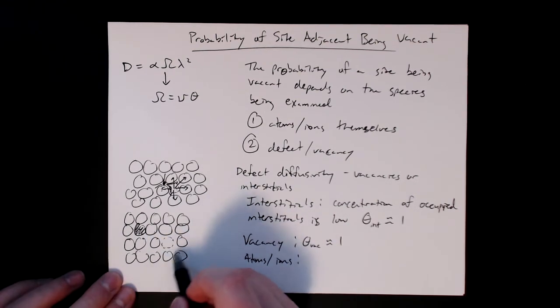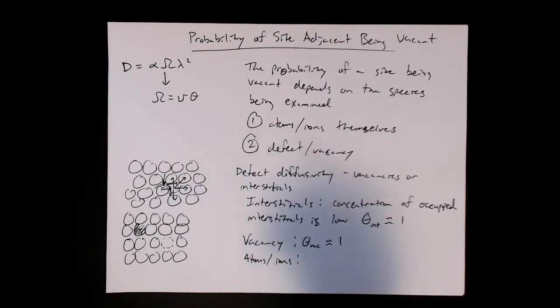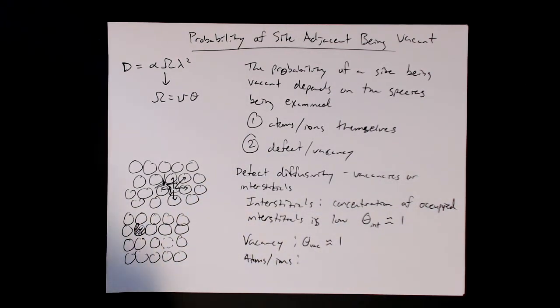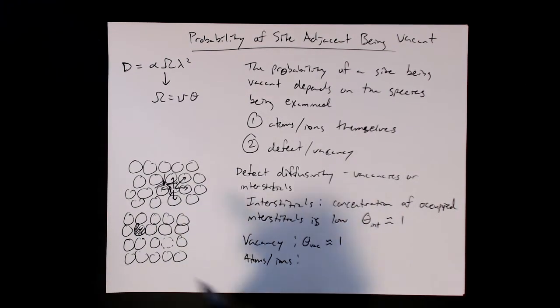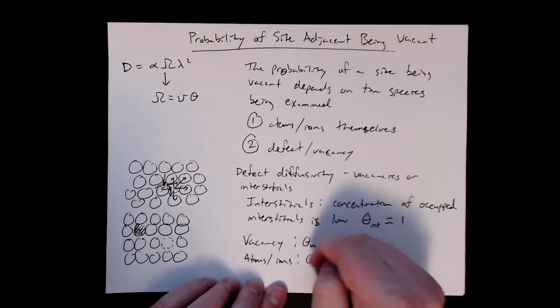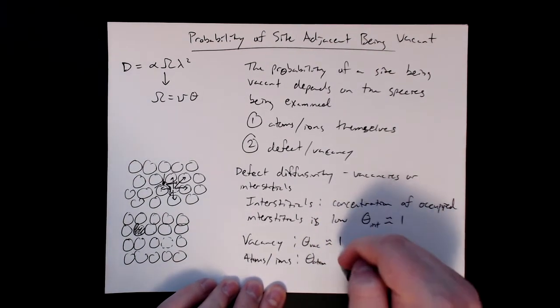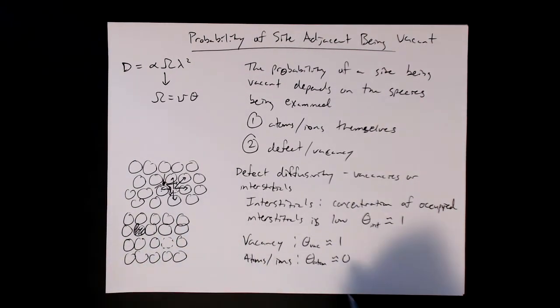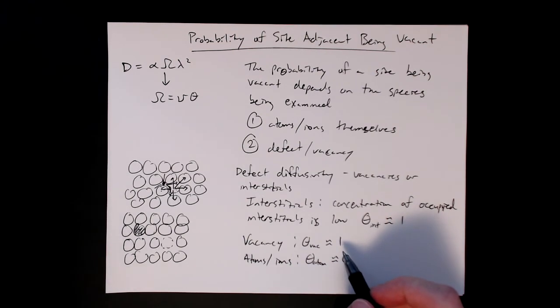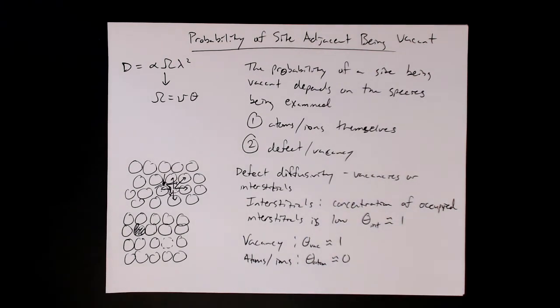These atoms around the vacancy all have a probability, but this one over here doesn't. And that's pretty common because we're talking about fairly small percentages of vacancies that an atom can hop into. So this probability, and I'll just call this atom, is close to 0. It's not obviously 0, but it's closer to 0 than it is to 1. So it's a really small number, however you want to write that.